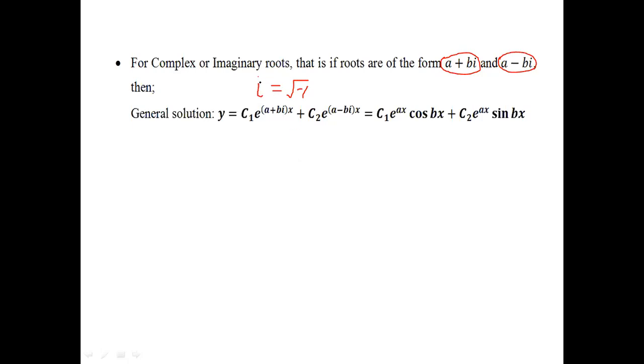For those of you doing electrical engineering, instead of using i as we use in mathematics, I'm sure you must have used the letter j. So the meaning is just the same. One would ask, why do we use j in electrical engineering and not i?